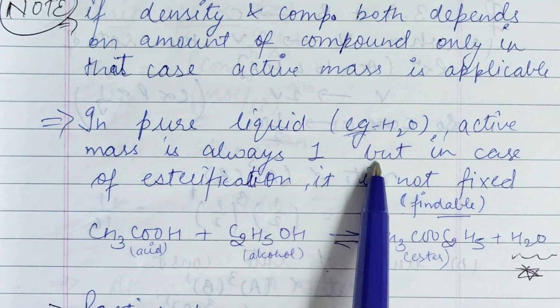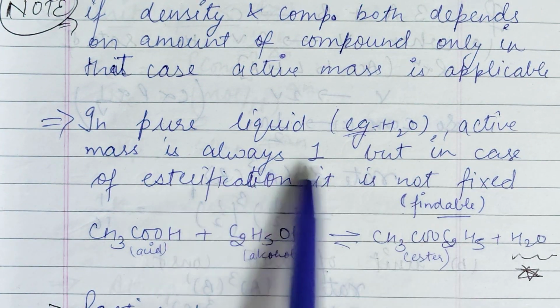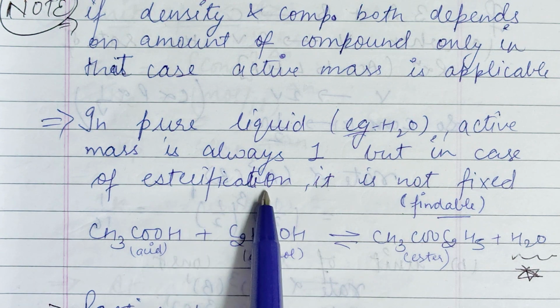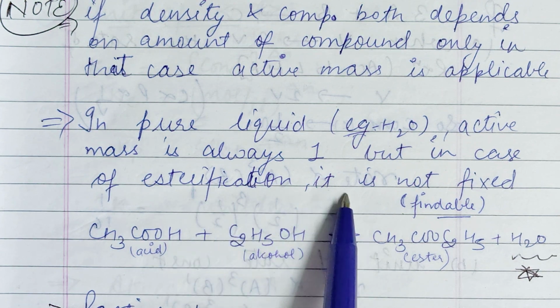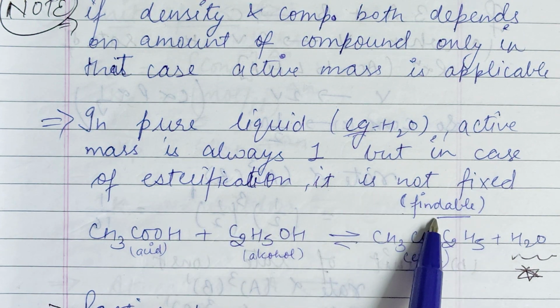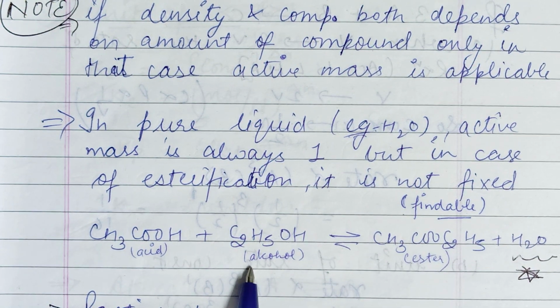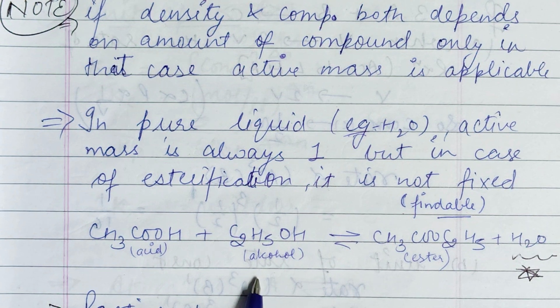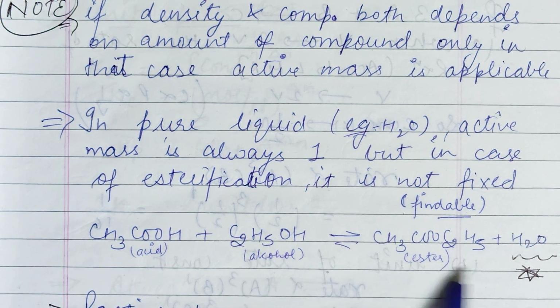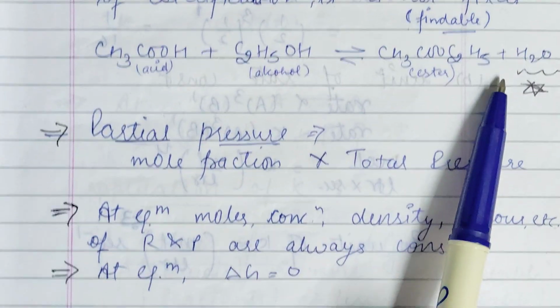In pure liquid, for example water, active mass is always 1, but in the case of esterification it is not fixed, it is findable. CH3COOH acid, C2H5OH alcohol gives CH3COOC2H5 ester plus H2O.